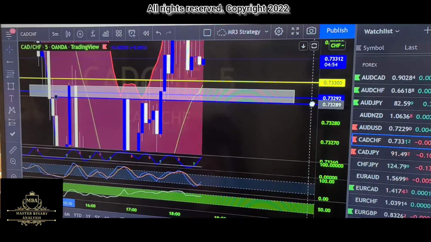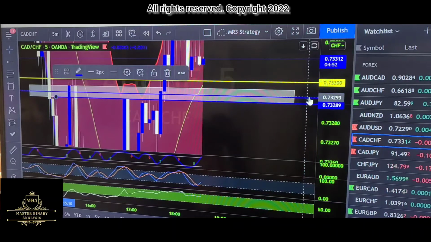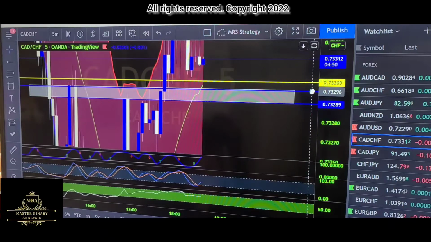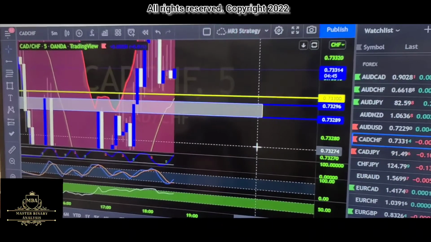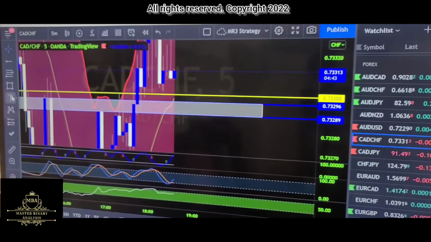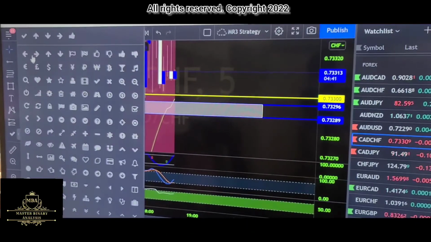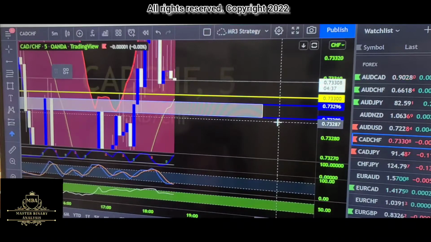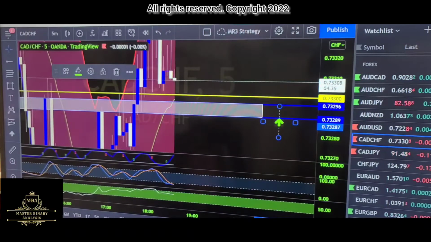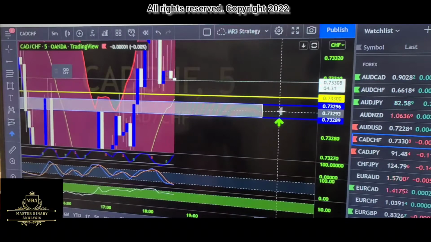Actually, I'm just gonna put it right at the very edge so it tells me my possible entries. Okay, so what I'm looking for now, which I will put some arrows, so I'm looking for an area to go up here and another area right here.